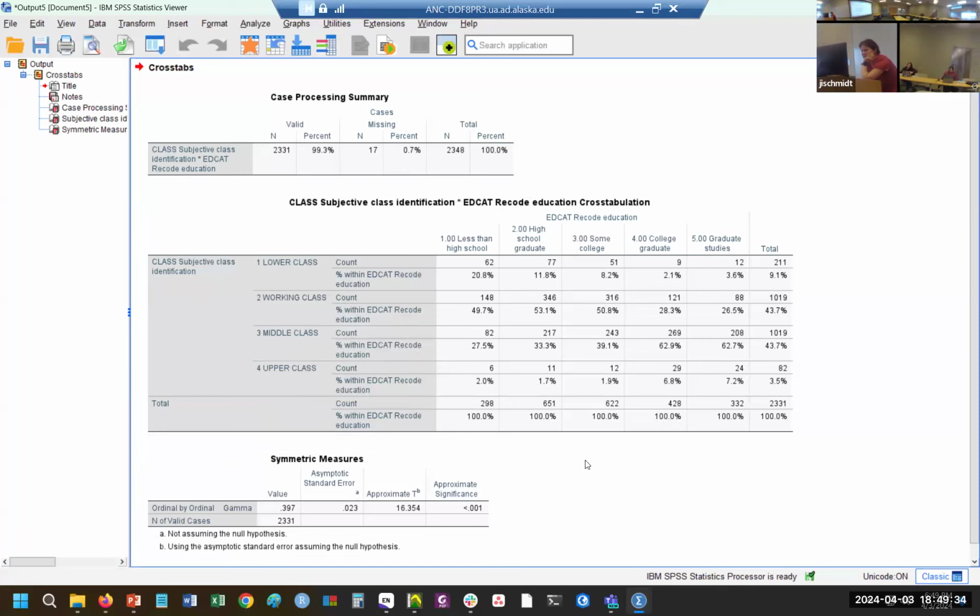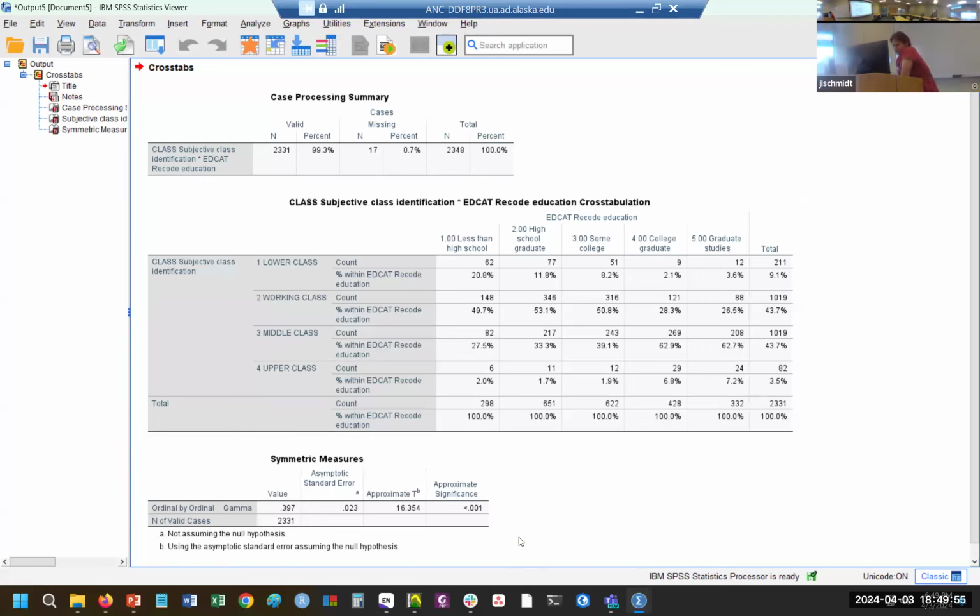Looking at it, does it look like there's a relationship? Yes. Our value down here is 0.397, so it's in that high range. Yep.